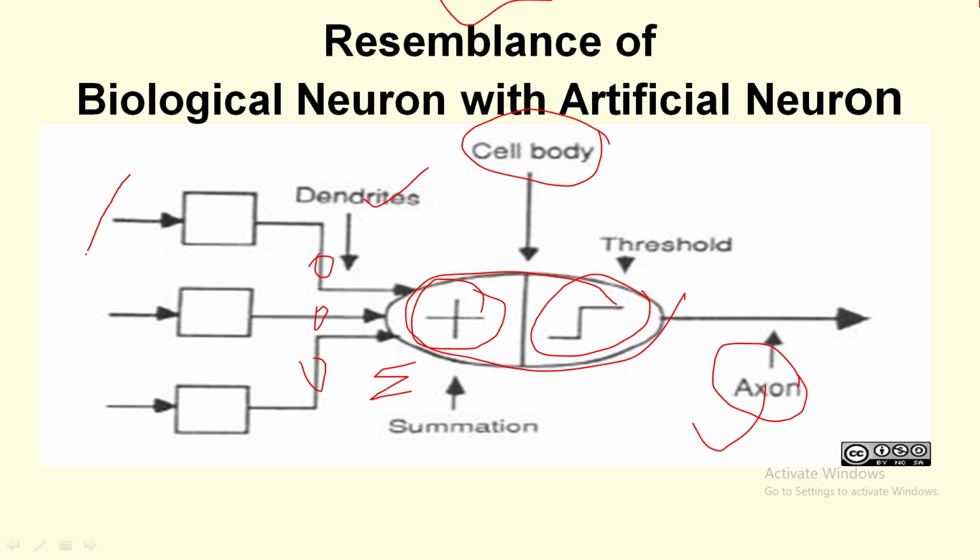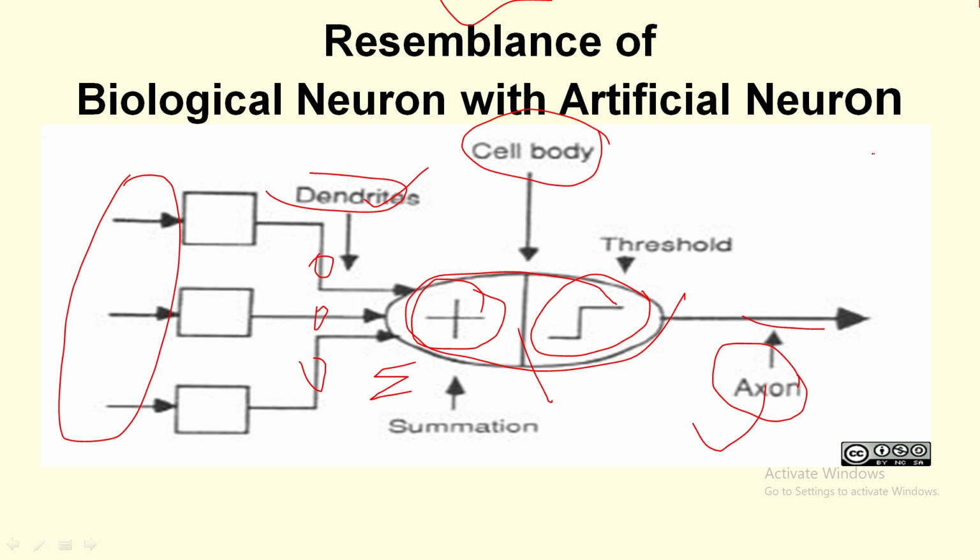So it is the duty of the input connections to act as dendrites, and over the input connections we have parameters called synaptic weights, or simply weights, over which you calculate the weighted sum. That weighted sum is monitored, and once it reaches the particular threshold, the neuron gets activated to produce the output in the axon.